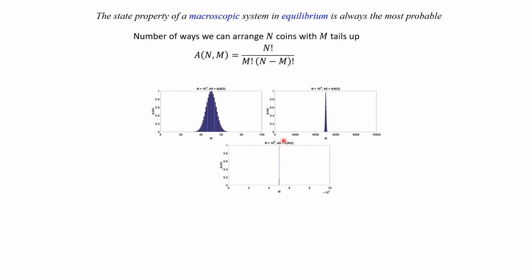So the fractional error here becomes insignificant. So in this case, we can assert that the result of the experiment will be half of the coins with tails up within an error range which is insignificant as compared to the central value, as compared to 1 million divided by 2.